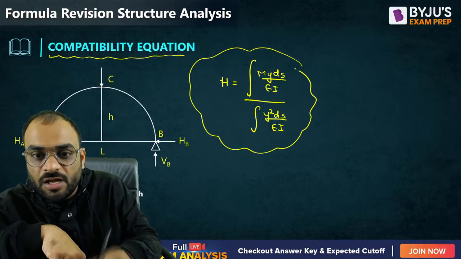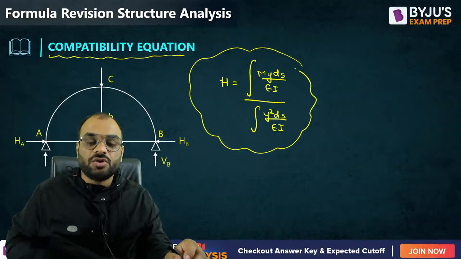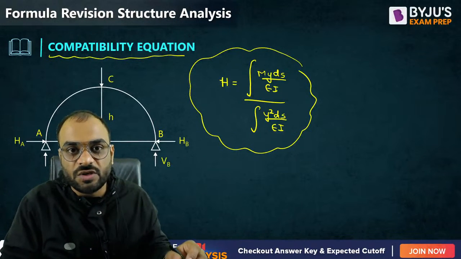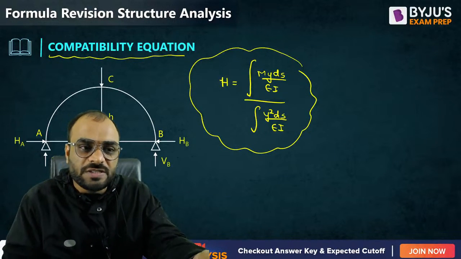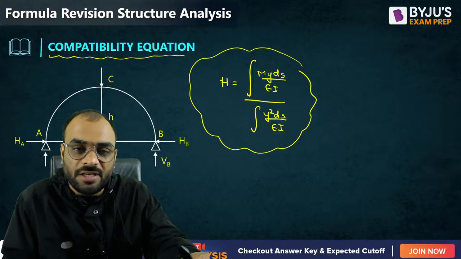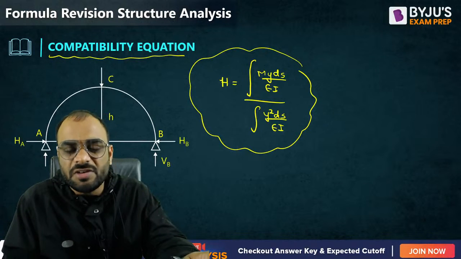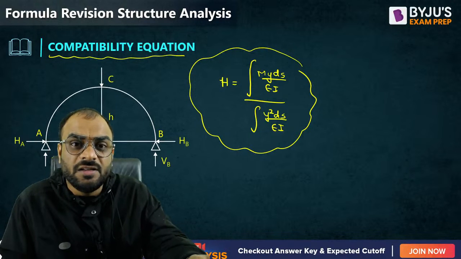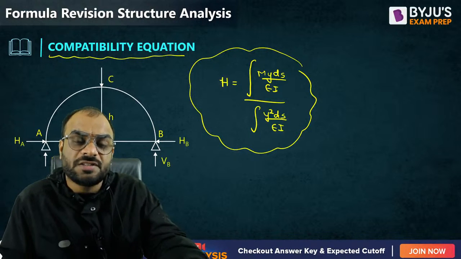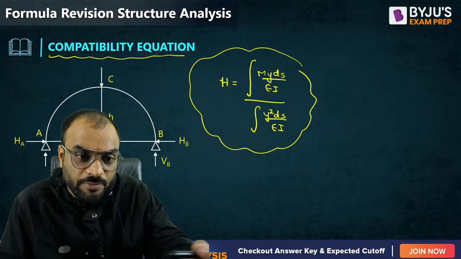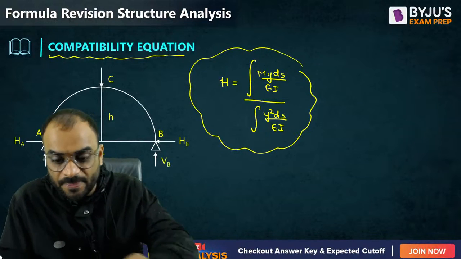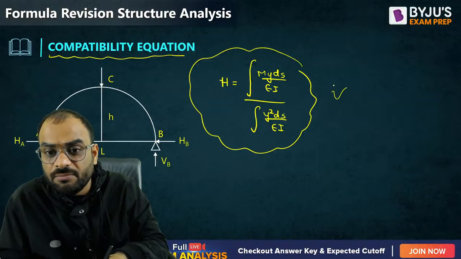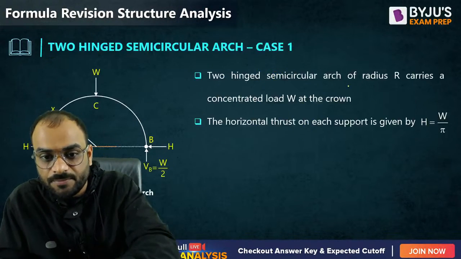This is our formula, or this is our compatibility equation to calculate the horizontal thrust in case of two hinge arch. अब बच्चों, गेट एग्जाम में आपसे वो इतनी इक्वेशन नहीं लगवाएगा, अगर लगवाता भी है तो आपको डायरेक्ट फॉर्मूले पता होना चाहिए, खासकर टू हिंज आर्चेस के हॉरिजॉन्टल थ्रस्ट के, तो वो मैं आपको डायरेक्ट बताता हूं, वो आपको याद रखना है, ठीक है। बाकी उन्हें फाइंड कैसे करते हैं? By this particular compatibility equation.